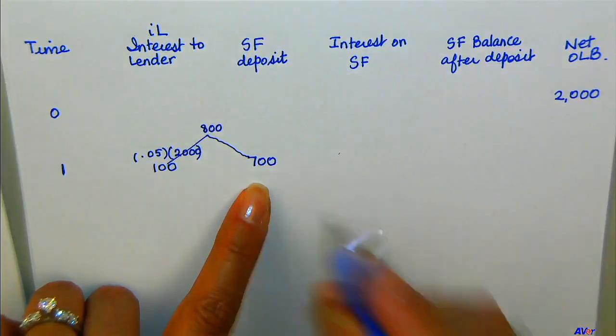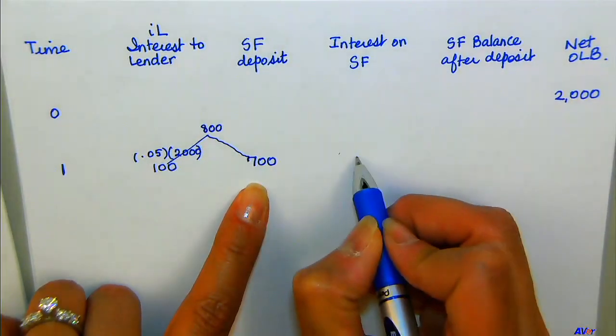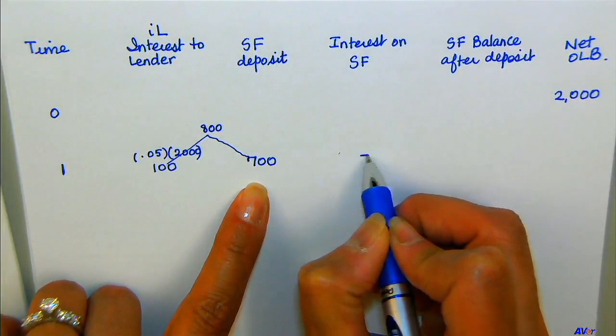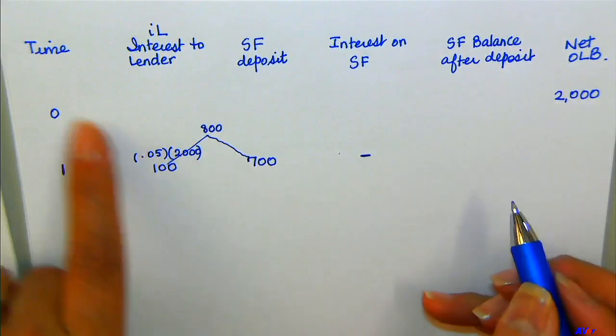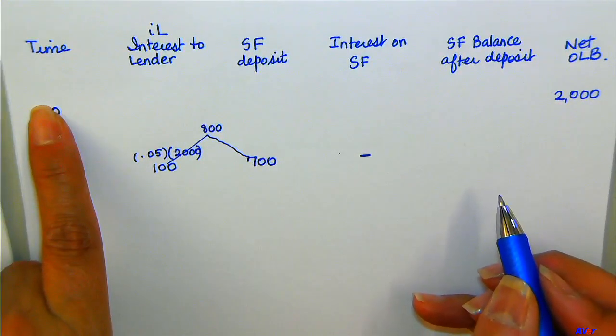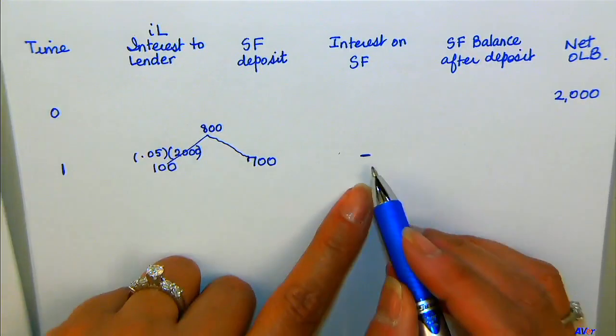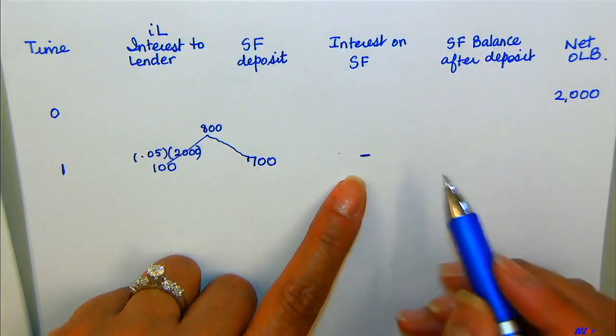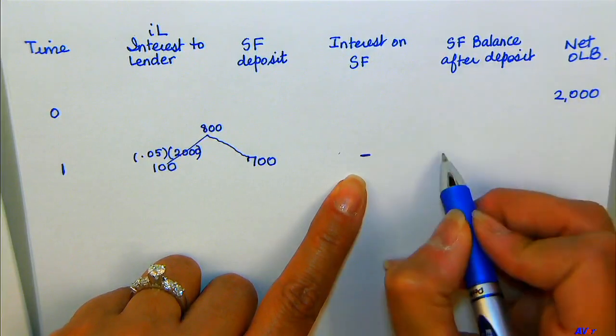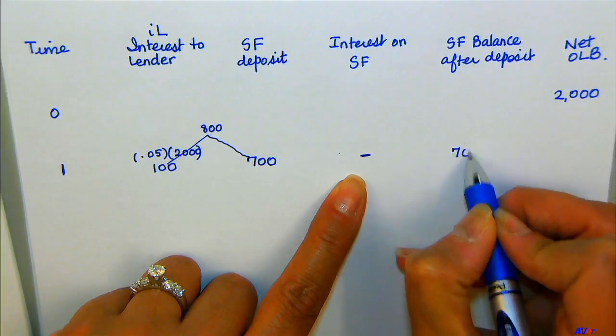Interest on the sinking fund is nothing, because there's nothing in the sinking fund at the previous time period, which is 0. There was nothing there that would grow at 2.5%. So there's no interest on the sinking fund. And the sinking fund balance after deposit is the $700 that I just put in.